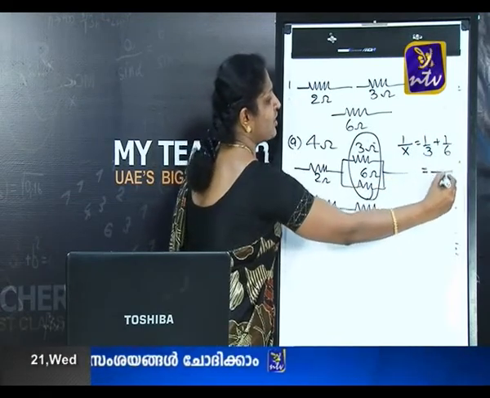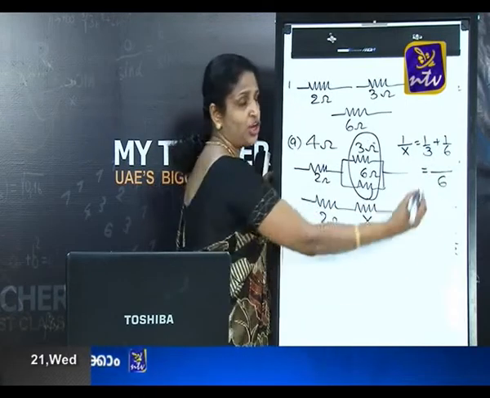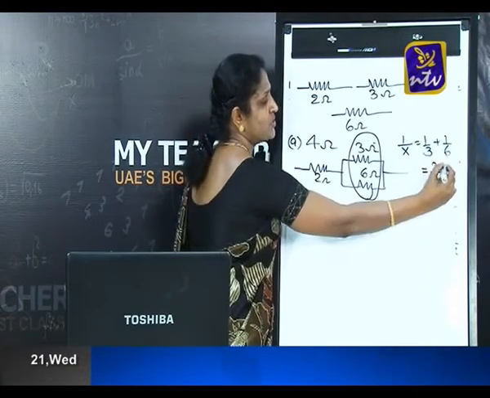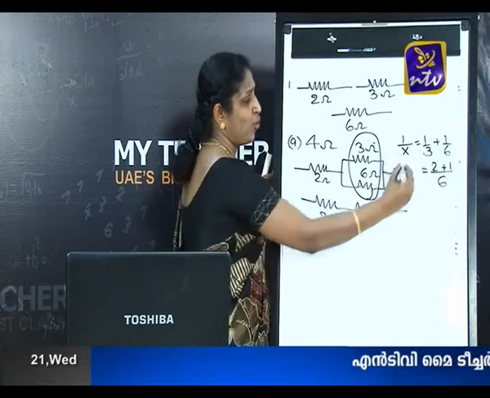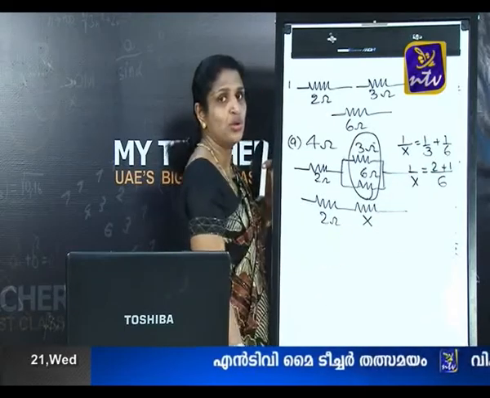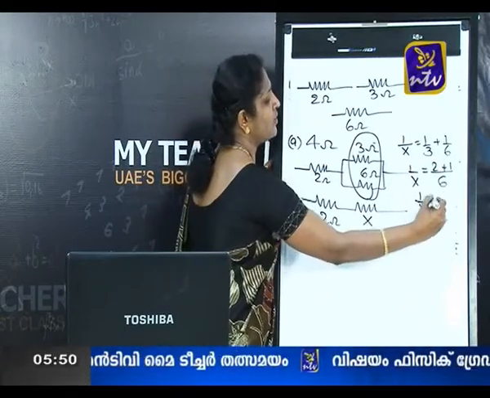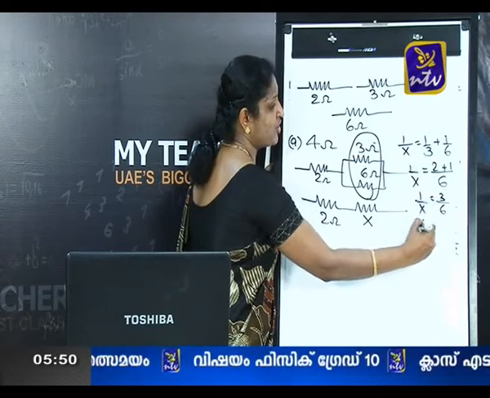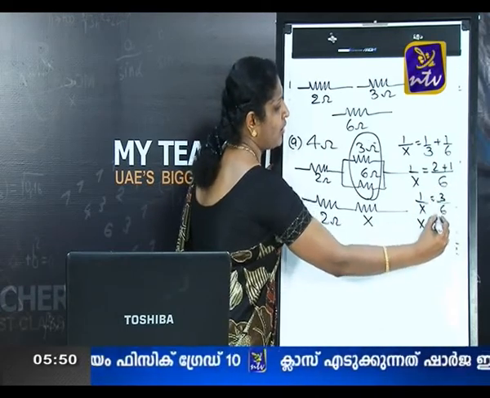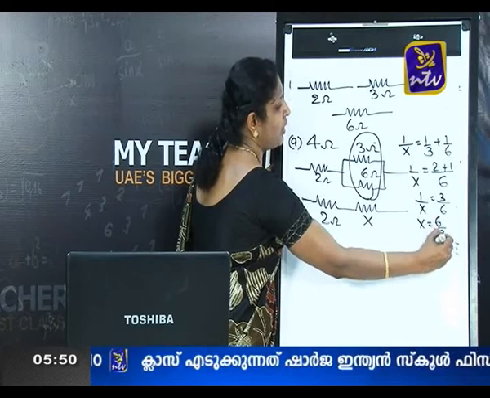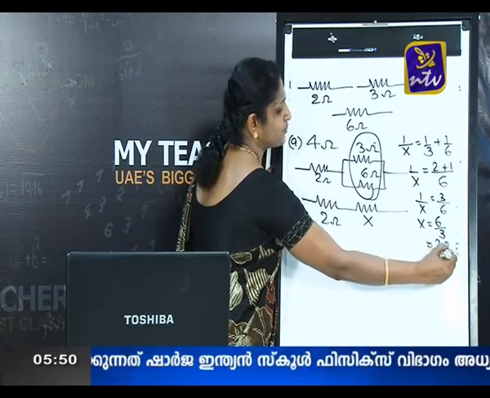LCM of 3 and 6 is 6, 3 2s are 6, 6 1s are 6. So, 1 by X is equal to 3 divided by 6. That means, X is equal to 6 divided by 3, that is equal to 2 ohms.